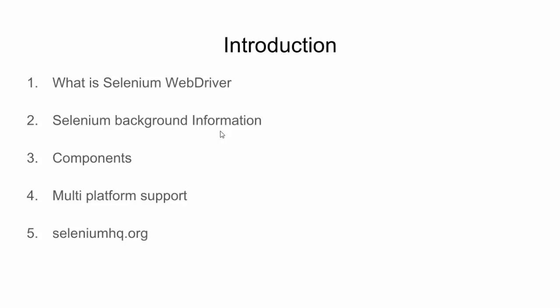Selenium has very wide support of different languages. You can use C Sharp, you can use Java. Java is a very popular object-oriented programming language, which can be used for creating Selenium WebDriver scripts, and then other languages such as Python, PHP, Perl, and Ruby can also be used.